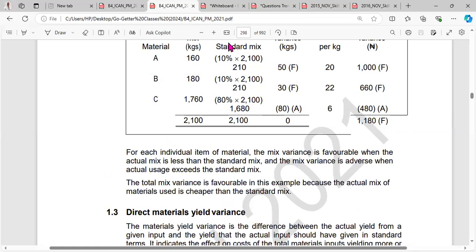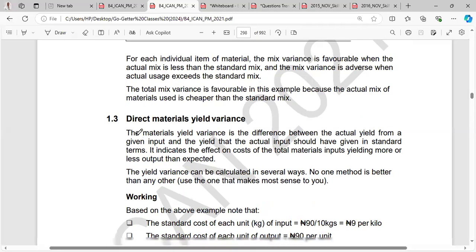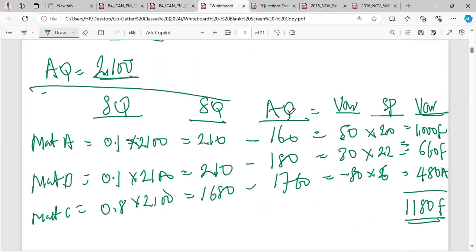What mix variance is telling you here is that for each individual item of material, the mix variance is favorable when the actual usage is less than the standard. And the mix variance is adverse when the actual usage exceeds the standard usage. So you see here, this is the standard, this is the actual mix.